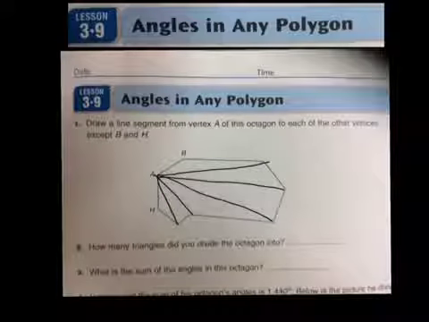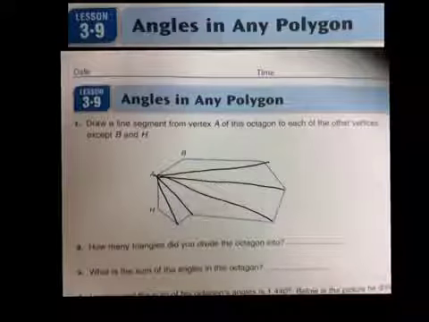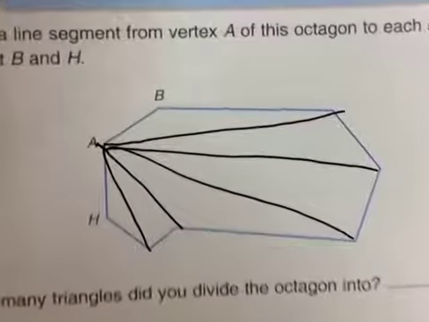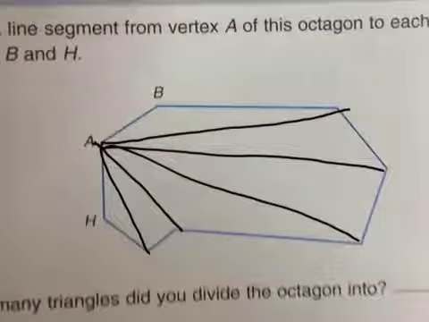So we can see, boys and girls, the triangles that we have drawn in this image. We have 1, 2, 3, 4, 5, 6. Does that work? Let's see. According to our plan, we have to count the number of sides of the octagon first. We counted 8.